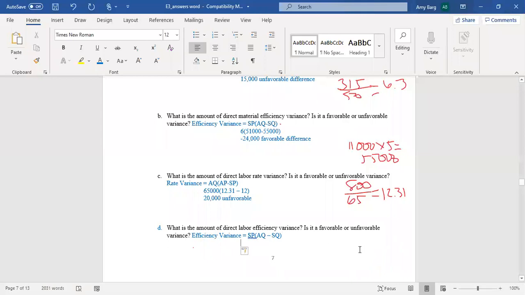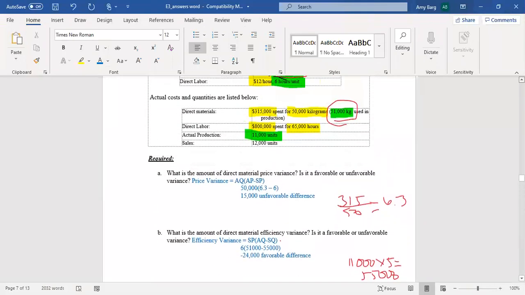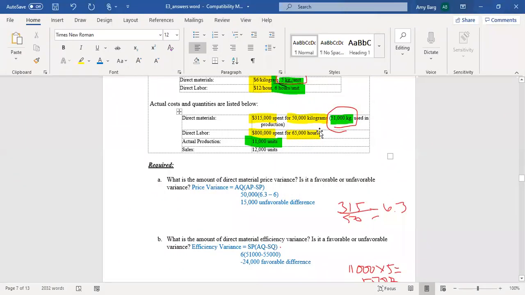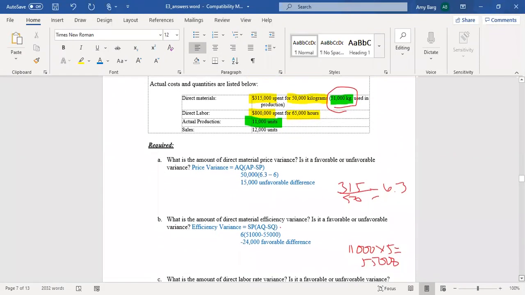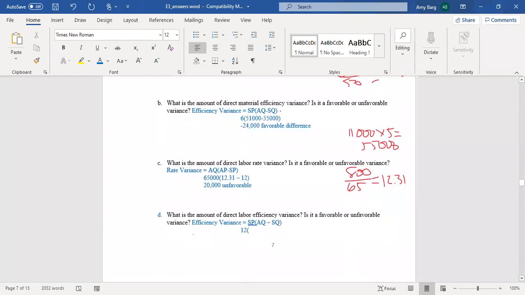The standard price from up above is 12. And then the actual quantity used was 65,000 hours right here. The standard quantity is 66,000. So the 12 times the 65 minus the 66 is going to give you negative 12,000.